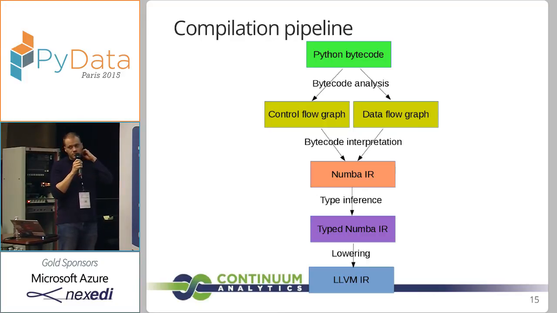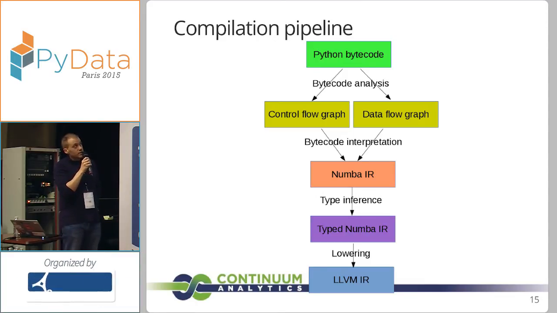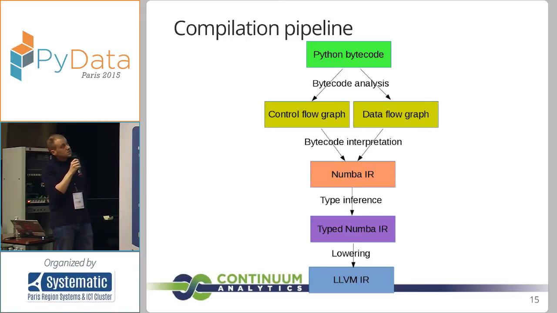One analysis is loop detection. With the other piece of analysis, which is the data flow graph, we can also extract other information such as the liveness of variables. So we are able to extract which variables are live at which point.